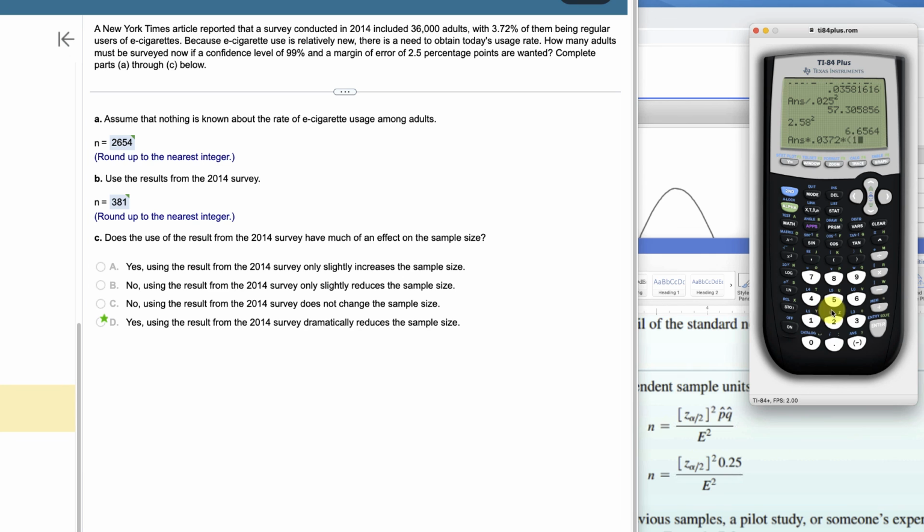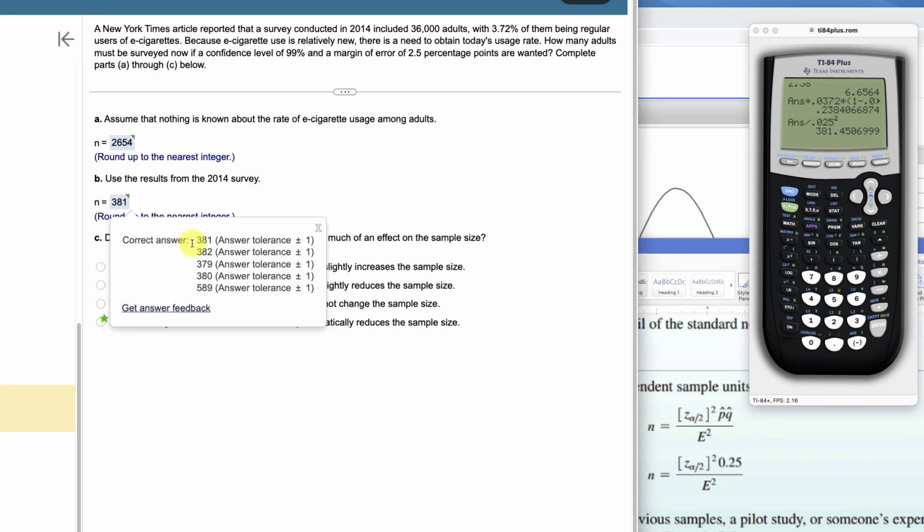I didn't do that, so 1 minus the 0.0372. Notice how I have parentheses here, so that calculates this. And then divided by the E squared, which is 0.025 squared. 381.4. We should round up to 382. And I think they have that as an answer as well, 382.